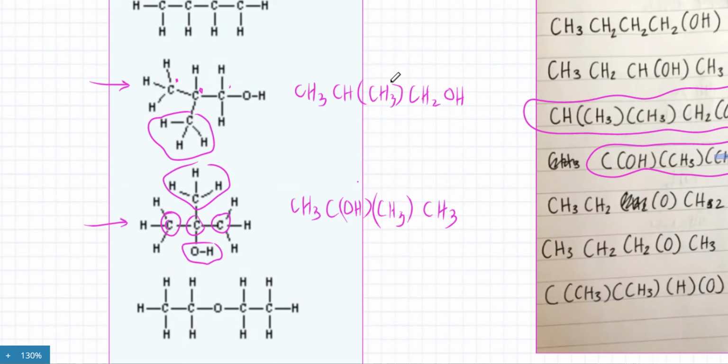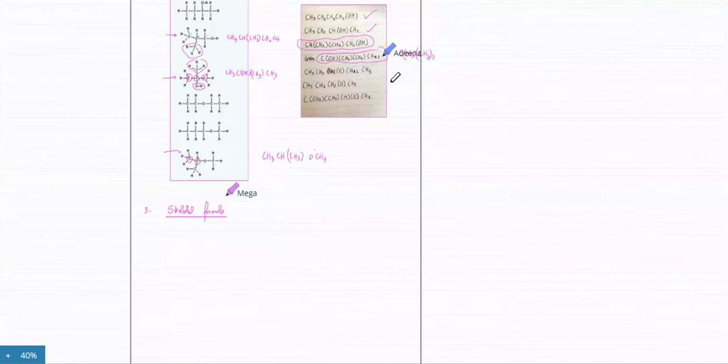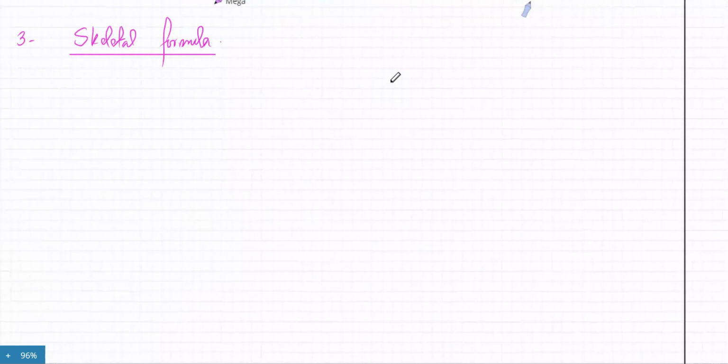A shorthand for writing formulas, that's your skeletal formula. So what happens in your skeletal formulas is you don't show most of the things.